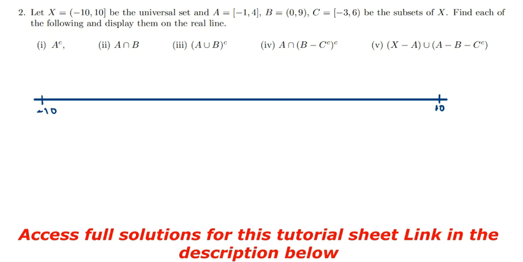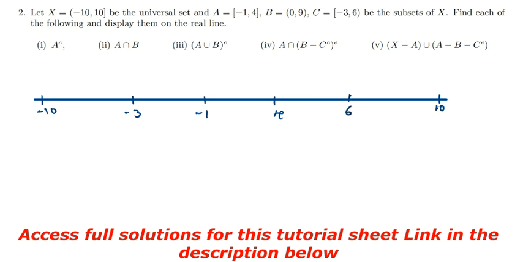Let's say A has negative 1 to 4. So we have to include negative 1. We also have negative 3. So let's say here we have negative 3, then we also have negative 1. What else? Positive numbers, we have 4, 6, and 10 itself. So here we have 4, then there we have 6. This is the universal set.